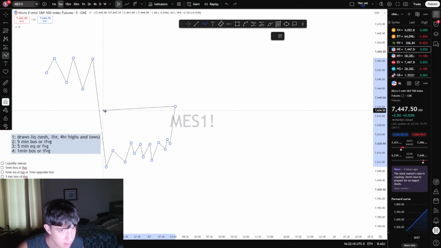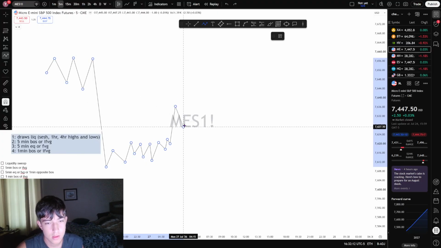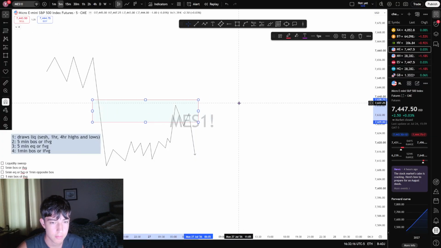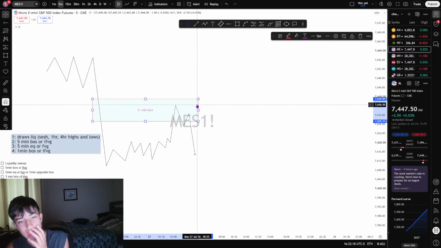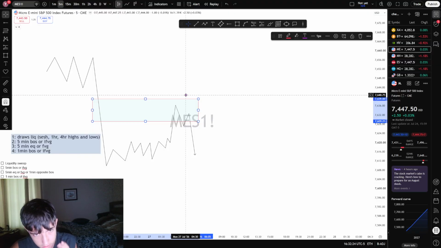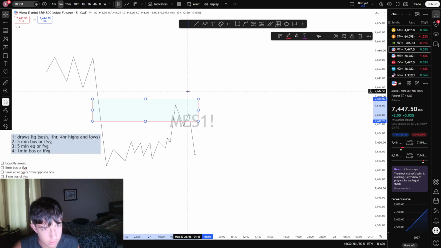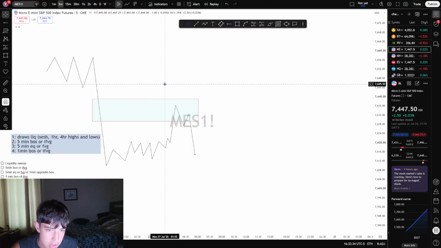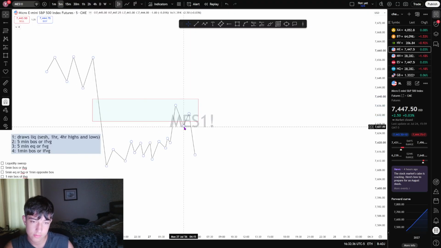It didn't sweep any liquidity, but it might be a fair value gap. Liquidity sweep is the best thing we're trying to get, but it can be a 5-minute manipulation and then for it to go down.